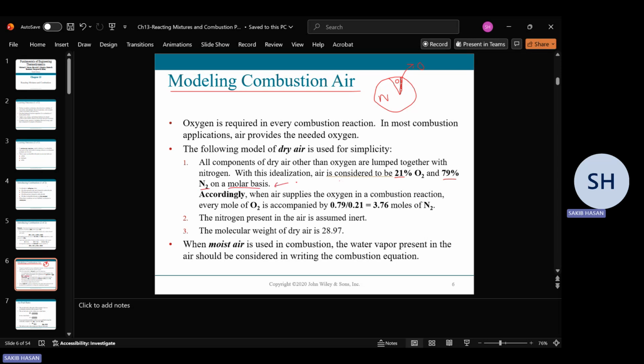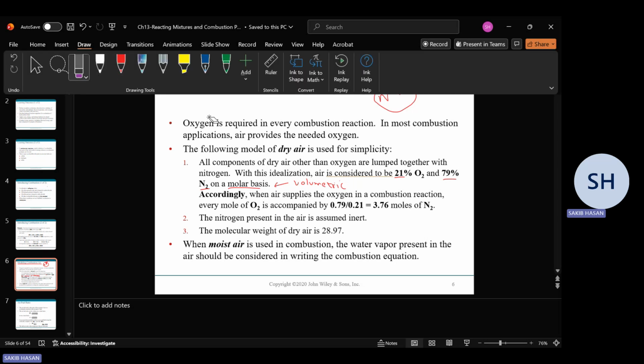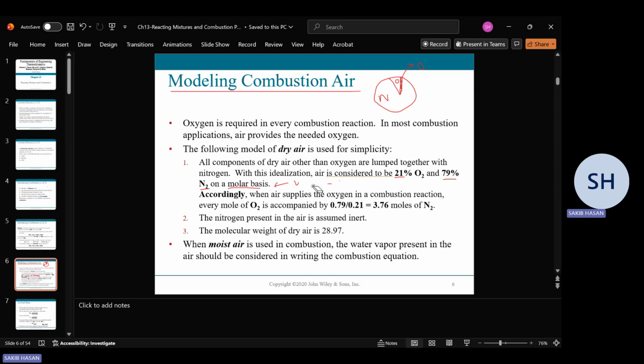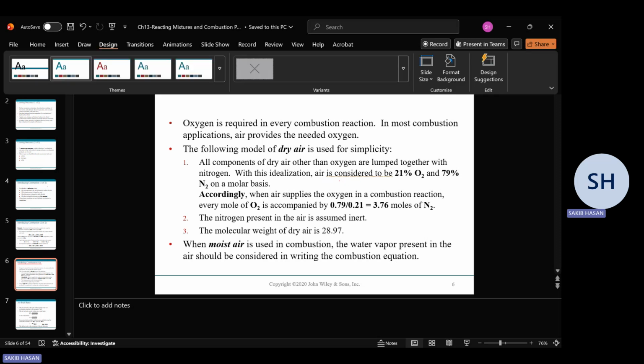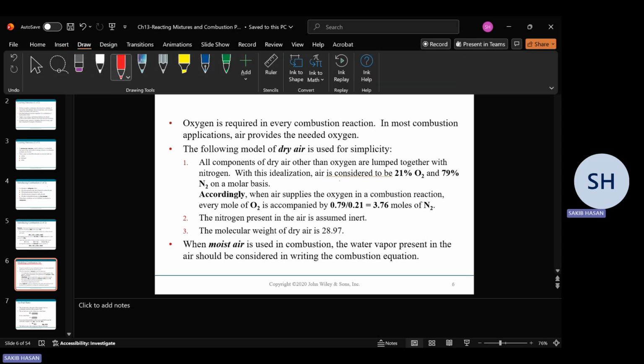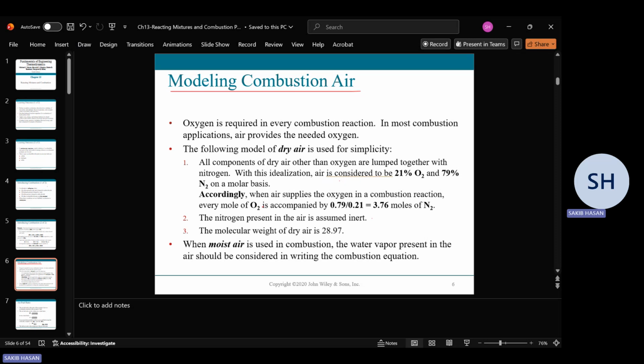And a molar basis is also a volumetric basis, if you recall Avogadro's principle, which states that at a given pressure and temperature, the number of moles of a gaseous substance will be the same. So using this, we can now find the mole ratio between oxygen and nitrogen.